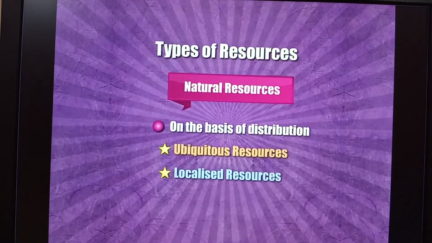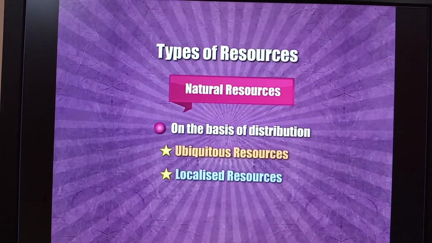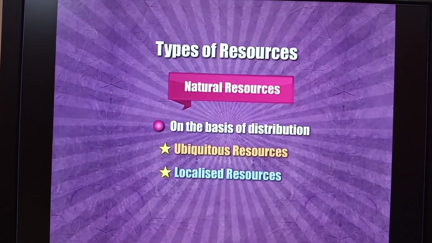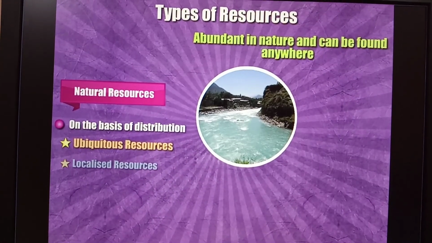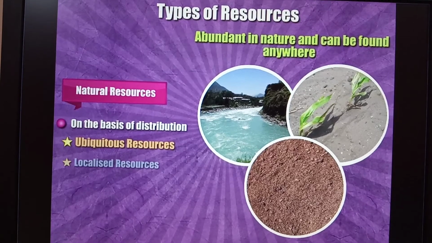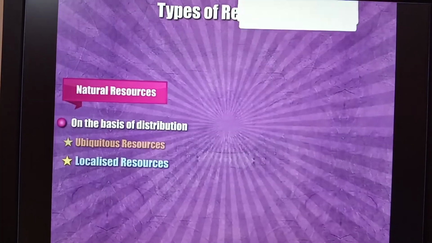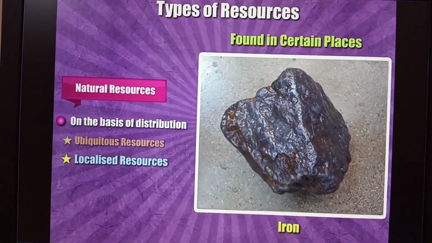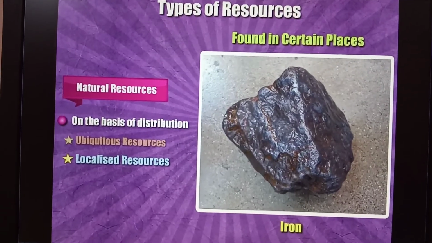On the basis of distribution, resources can be classified as ubiquitous resources and localized resources. Ubiquitous resources such as water, wind, and soil are abundant in nature and can be found everywhere. Coal and iron are found in certain places, so they are called localized resources.